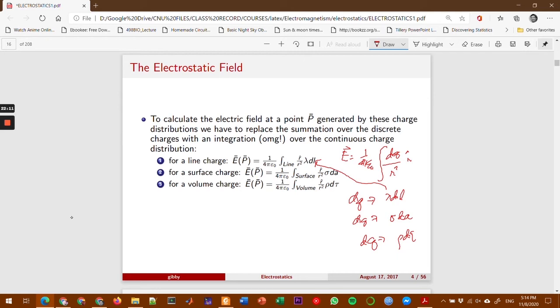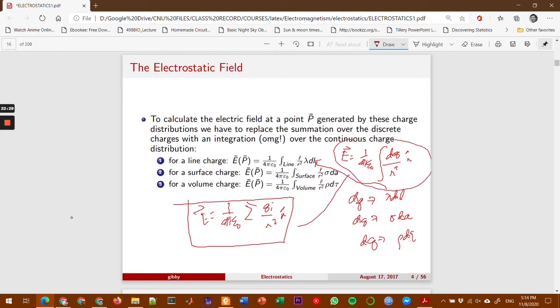And gika na siya sa ato ang discrete, right? We have q i over r squared, r hat, 1 over 4 pi epsilon naught. Kana siya. So from here, nahimo siyang this integral from discrete to a continuous source charge distribution.